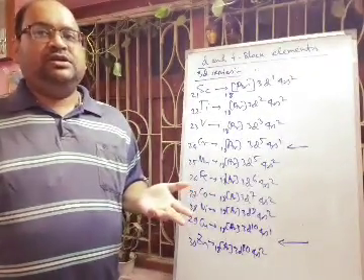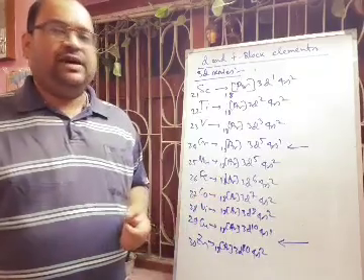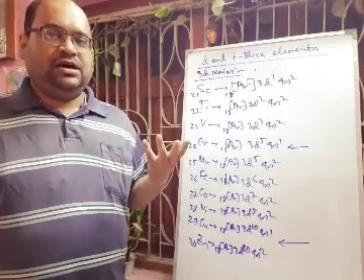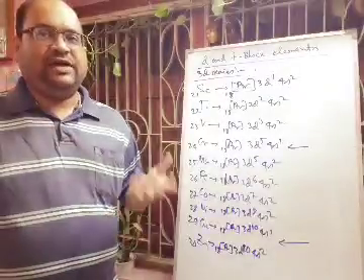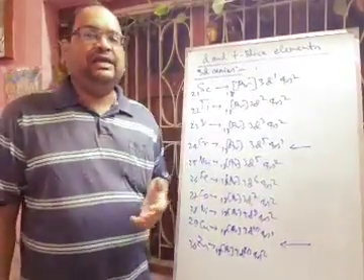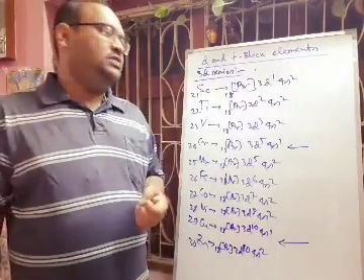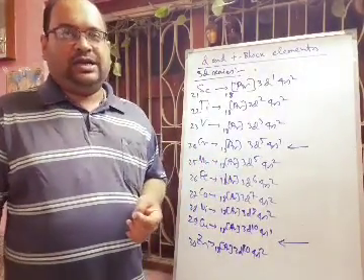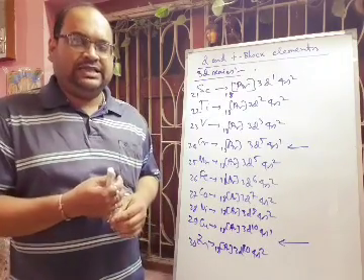And rhodium, its atomic number is 45, total number of electrons is 45, and the outermost electronic configuration will be 4d8 5s1. So this is also anomalous. And in palladium it will be 4d10 5s0. So here no electron is there in the 5s orbital. Understand that. Then there will be silver, and finally cadmium.